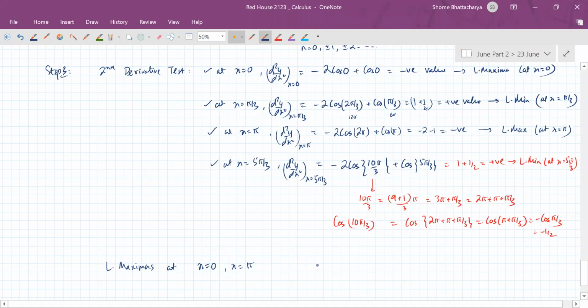So generally speaking, 2n pi and we are having local minimas at x equal to pi by 3 and x equal to 5 pi by 3. And similarly, we can develop a general solution.